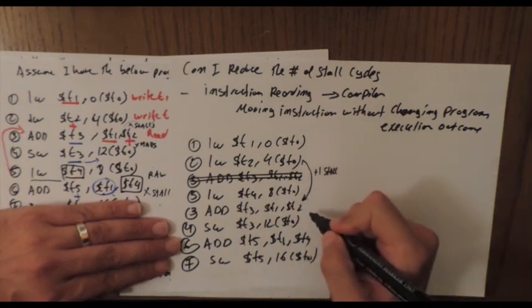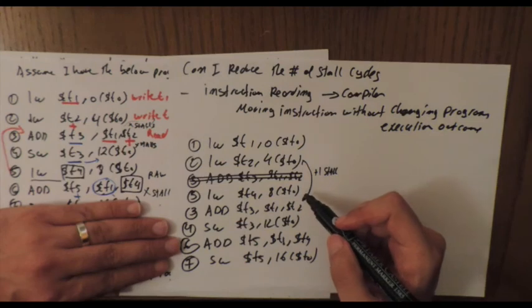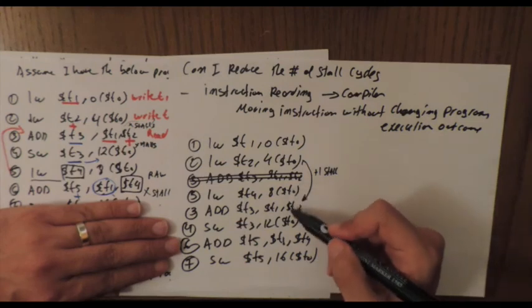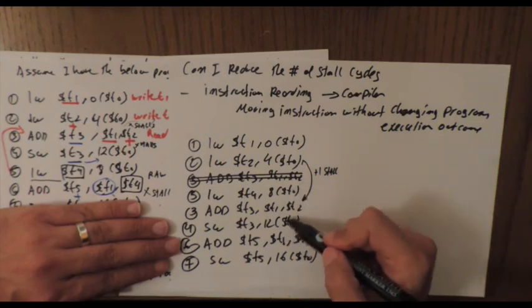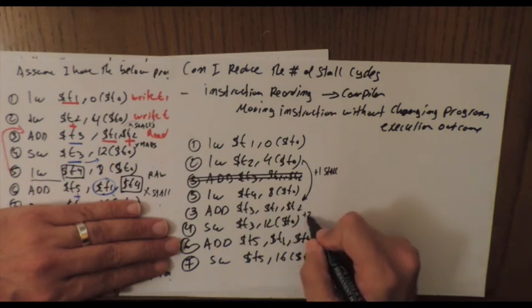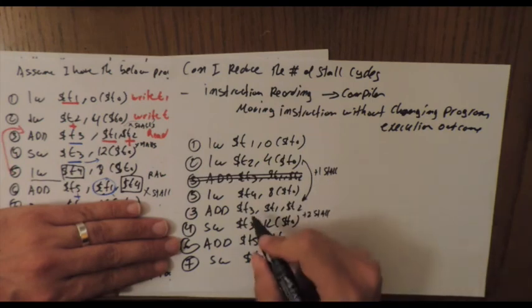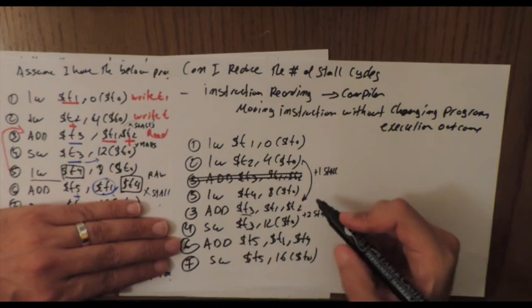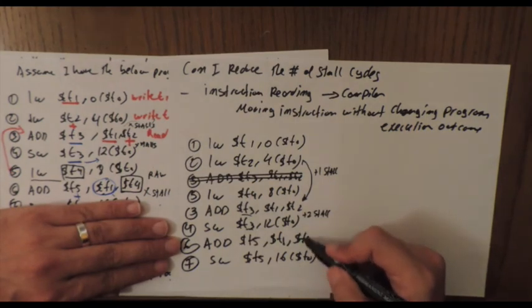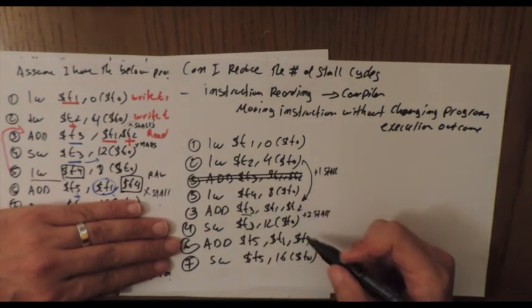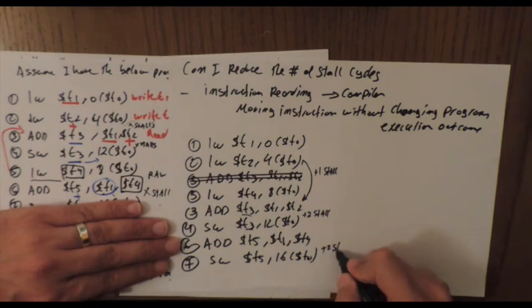And then I will check if we have a dependency now between this and this. There's no dependency. Now here of course we have 2 stalls because of T3, there are no more stalls between this and this, and here we have 2 stalls.